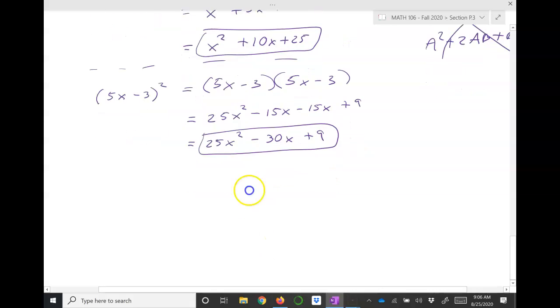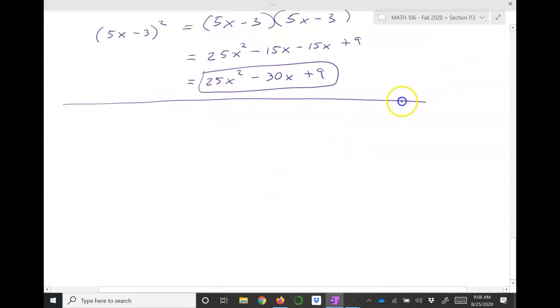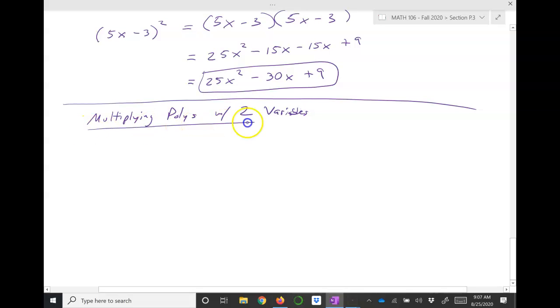Awesome. All right, so at the end of Section P3, there's only one more problem type, and they're really not that different than anything we've done. So they're calling it multiplying polynomials with two variables. So far we've had polynomials of a single variable.